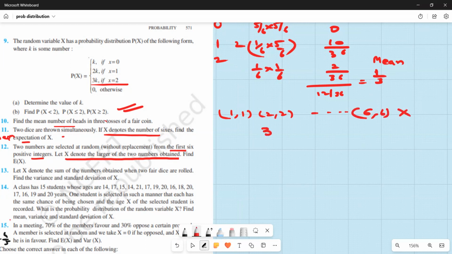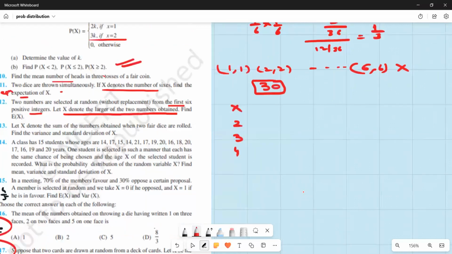So how many cases are left now? 30 cases, right? And 1 is not larger than any number. So what x will start? 2, 3, 4, 5, and 6. This is your x. Because 1 is not larger than any number, so we are starting 2 is larger than 1, then 3 is larger than, that way we will start, right? So px, 2 is larger than 1.